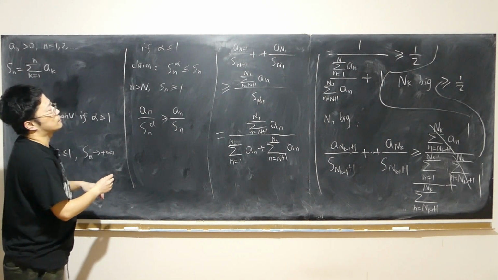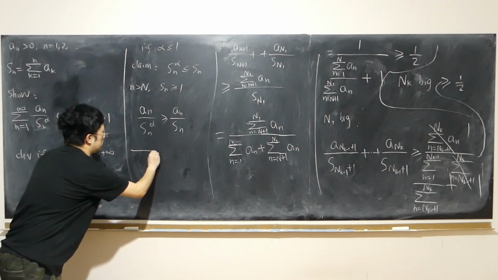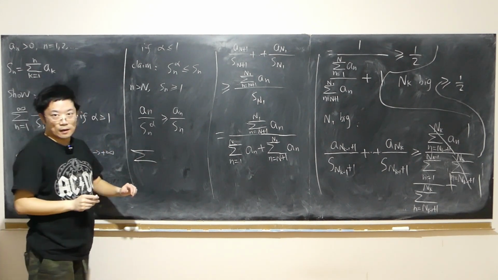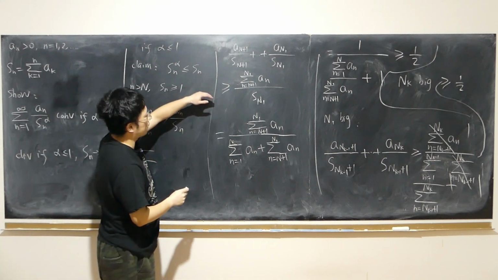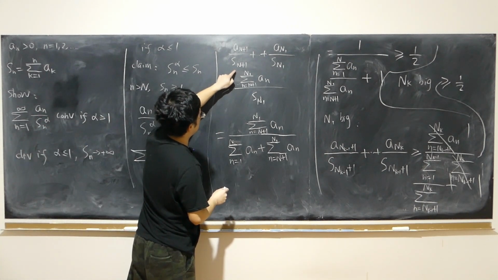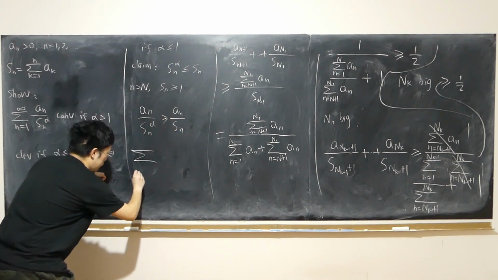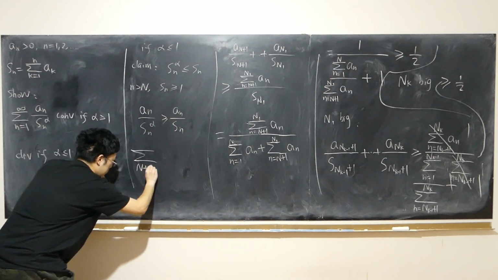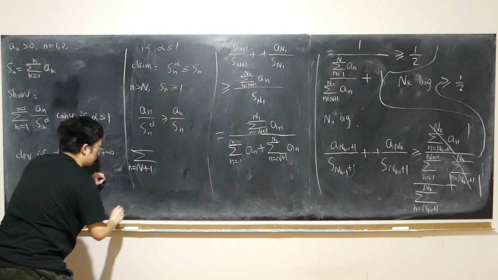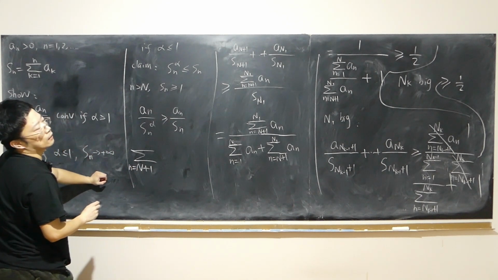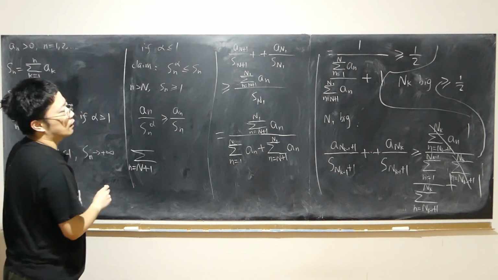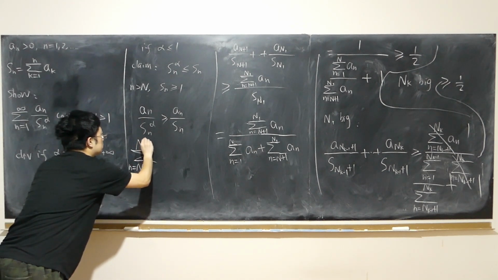So in the end, I say the sum, I didn't start from 1. Remember, I started from fixed n plus 1, but still fixed, until capital N sub k.